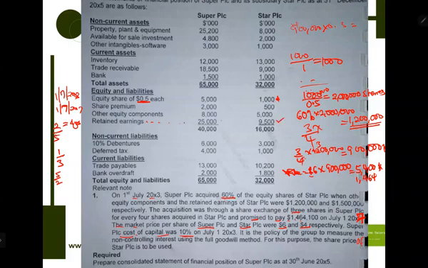Subsidiary is 9.5. You now look at the additional information. Is there anything relating to the retained earnings of the subsidiary? They said, as at 1st of July 2003, Super acquired 60% when other equity component and retained earnings stood at 1.2 and 1.5 respectively.